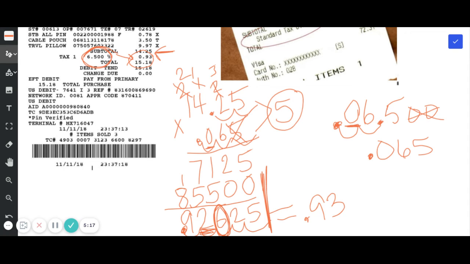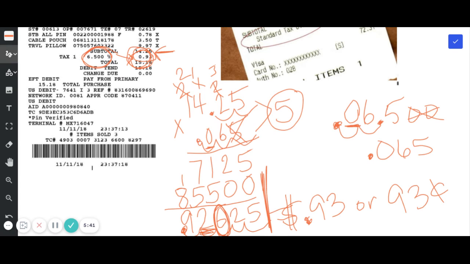Because the 6 is 5 or above, I push up the 2 to a 3. So our sales tax actual money amount is $0.93 or 93 cents. If you'll see here, that's exactly what they had, 93 cents.